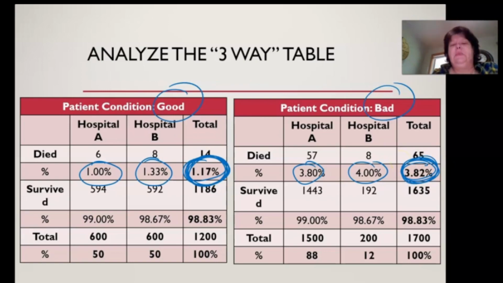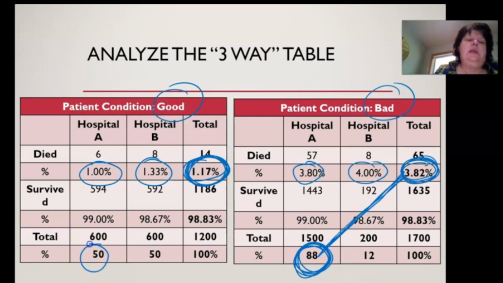So hospital A is getting a ton more of the poor condition patients, and they have a higher death rate. They're only getting 50% of the good condition patients with the lower death rate. So that's what's going on here. It's a weighting system.